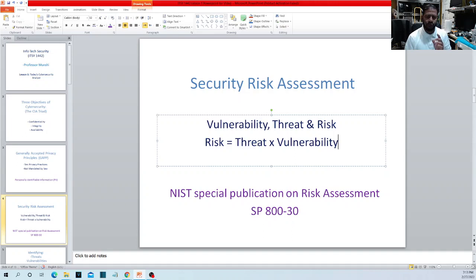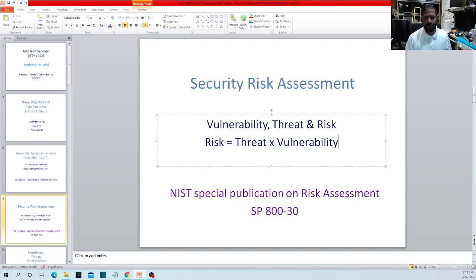So you have a vulnerability, that your building is not earthquake safe. Any small earthquake comes, your building is going to break. That is a vulnerability. Do you have a threat? Does the threat of earthquake exist in that location? No. So your threat is zero, but the vulnerability is there, so there is no risk. That's what I want you to understand. Either the threat is not there or the vulnerability is not there, then your risk is zero.